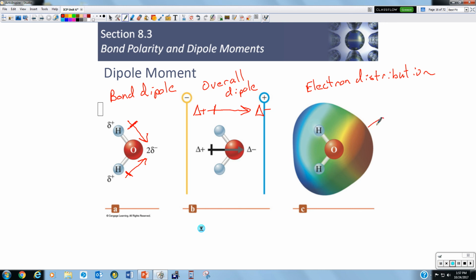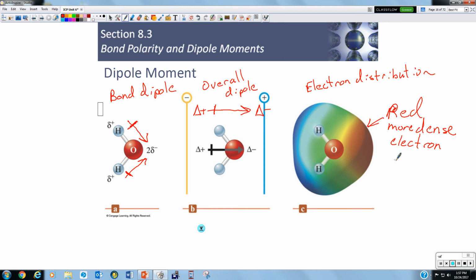So the red side on this electron distribution tells us a more dense electron distribution. It'll make more sense when we look at the picture of carbon dioxide on the next one, if you're asking what I think you're asking.